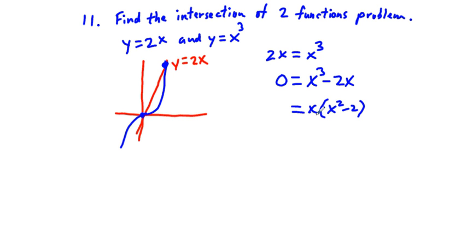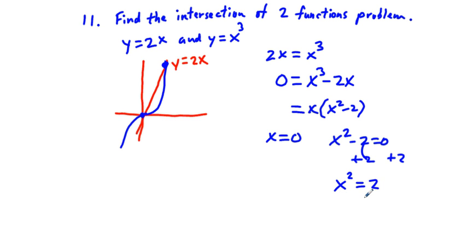And so we'll have an intersection where x equals 0, but that's not what we're really looking for. But then we're going to have x squared minus 2 is equal to 0. So we add 2, we're going to have x squared equals 2. And so we're going to have x equals plus or minus square root of 2.